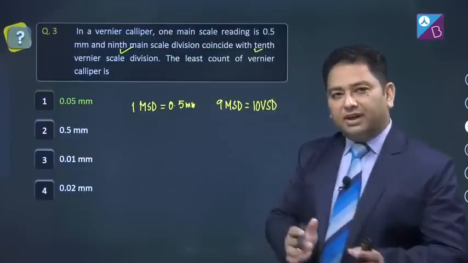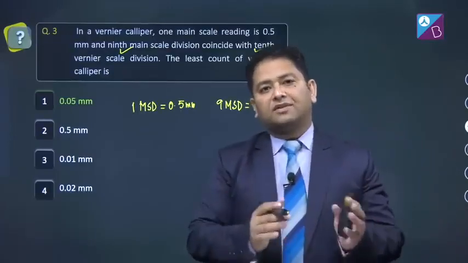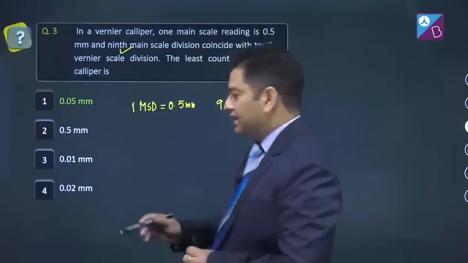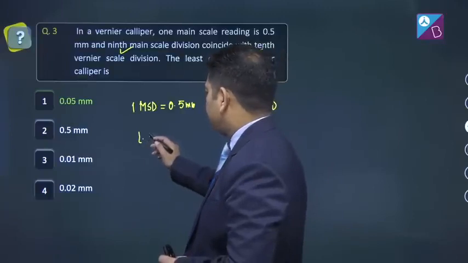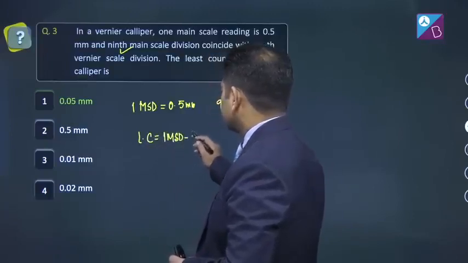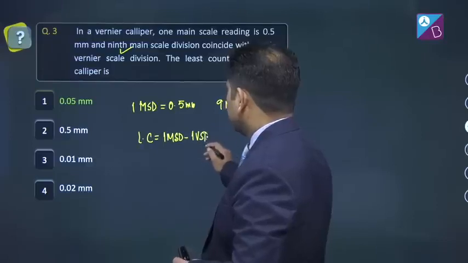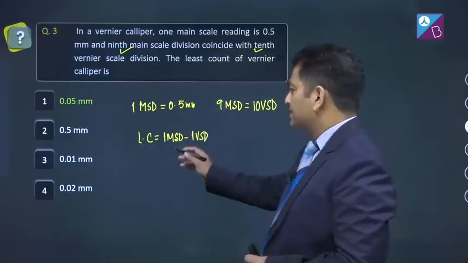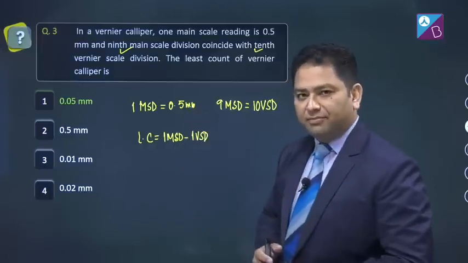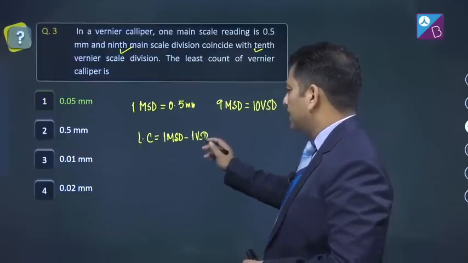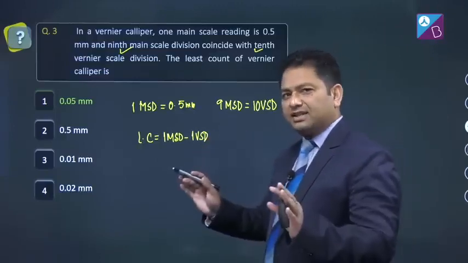और हमें calculate करना है the least count of the vernier caliper. Well, by definition the least count of the vernier caliper is 1 MSD minus 1 VSD. अब जहां तक MSD का सवाल है, the value of MSD has been given 0.5 millimeter. That means we got to calculate the value of 1 VSD and the question is done.